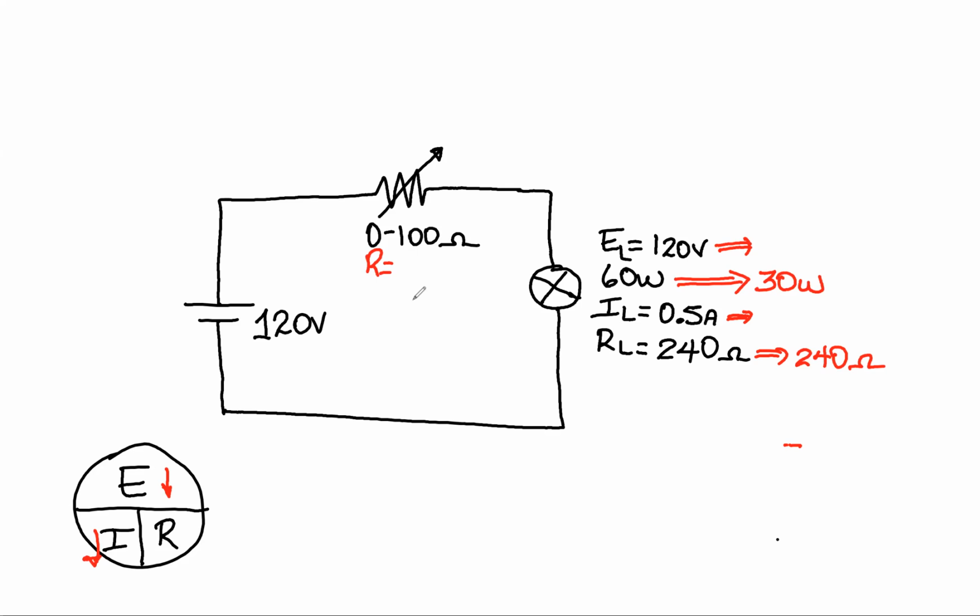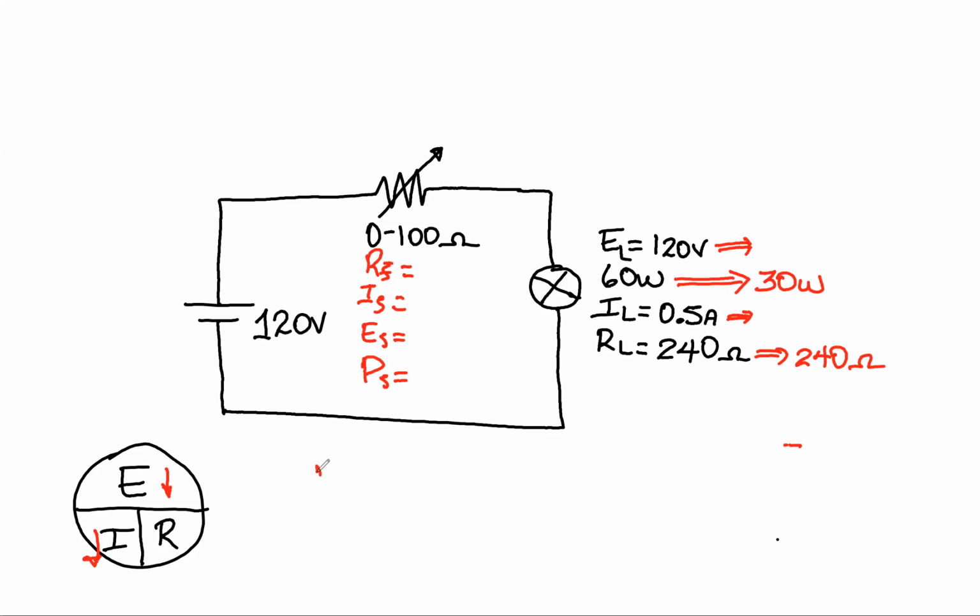Also, I want to know what my source current, IS, will be, RS, and how much my voltage here, ES, will be, and I'm going to call this PS, okay? So in order to do that calculation, I'm going to give you another formula to make your life a little bit easier, okay?